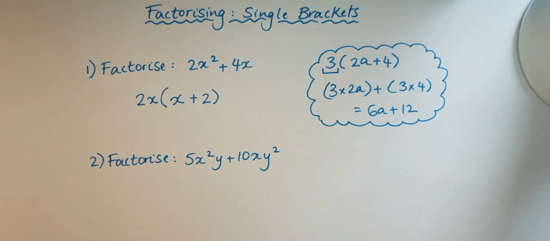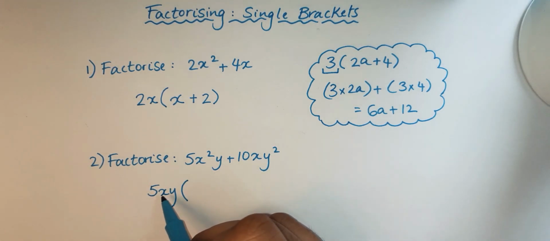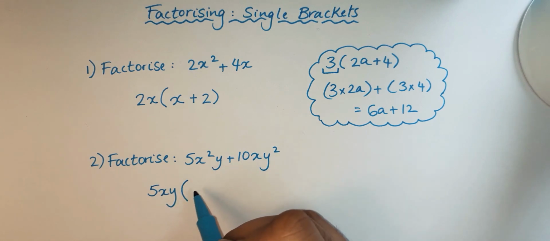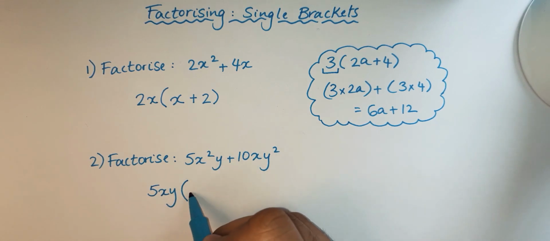Now what we need to do is look for a number or something that we can multiply or divide both of these terms by. Now that would be 5xy. And that is because to get from 5xy to 5x squared y, we just multiply by x.